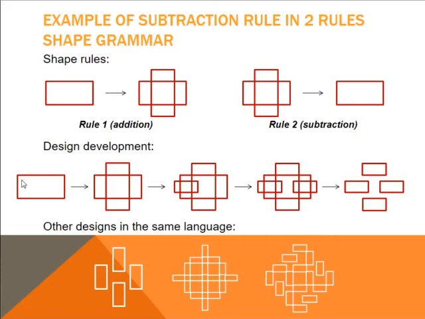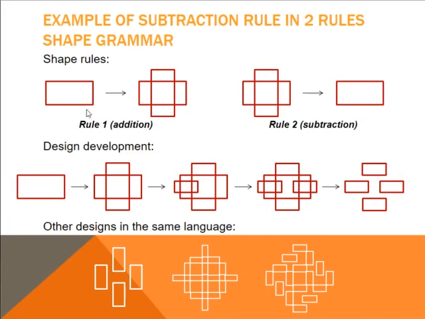Because the shape is like this, you have no option other than rule number 1, since rule number 2 needs the other shape to apply, and initially you don't have it.